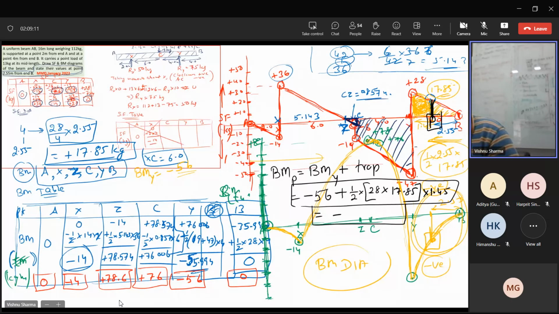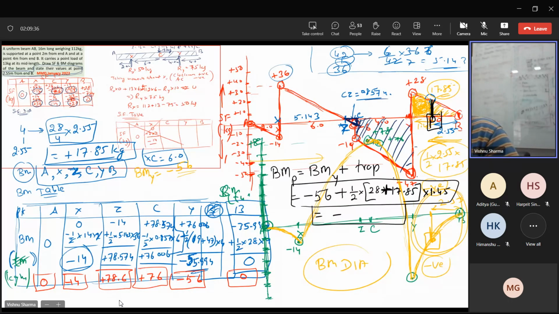What I'm trying to tell you is, the more you understand, the more shortcuts you can take. I think this should be clear to you, how to get the BM at P. Yes or no, from left to right? Okay, how much does it come to? 28 plus 17.85, this is plus, beta, not minus. Again, I made a mistake.